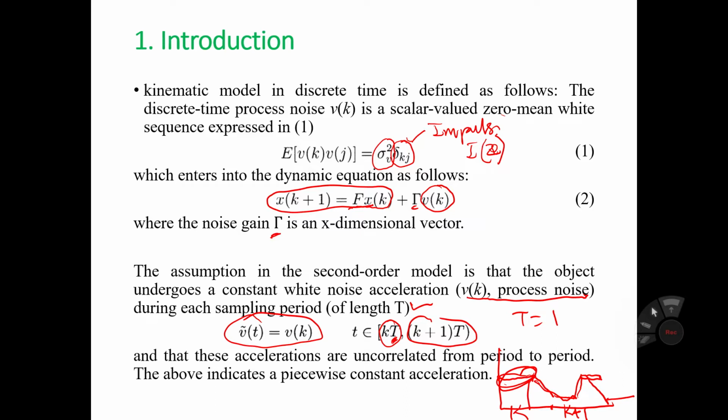This type of signal is called the piecewise signal. Each piece is uncorrelated from period to period, it is not correlated from period k to period k plus 1. So the white noise is a piecewise constant oscillation.